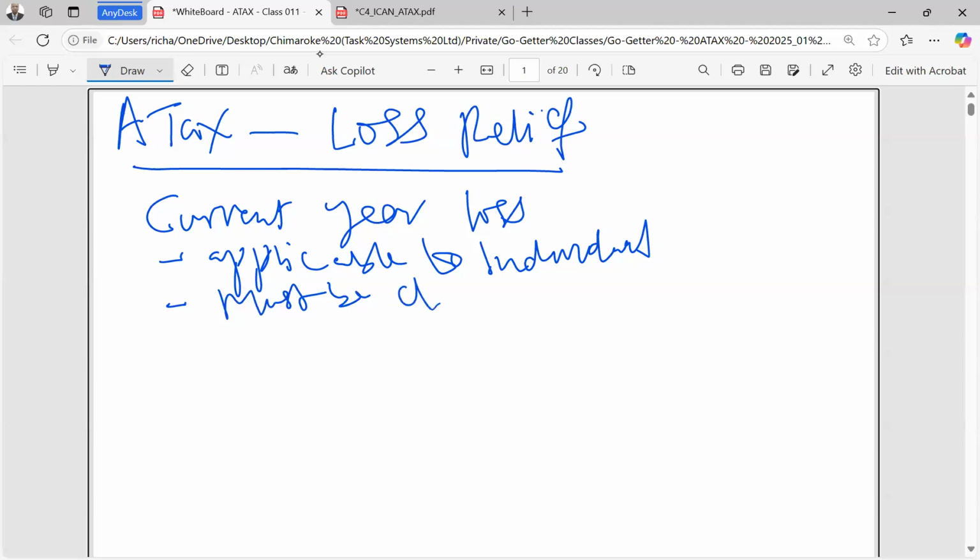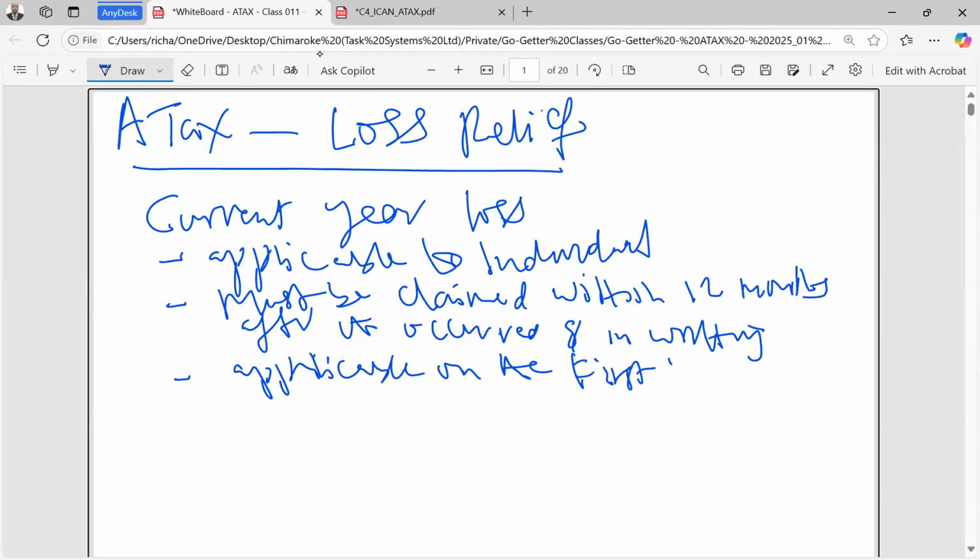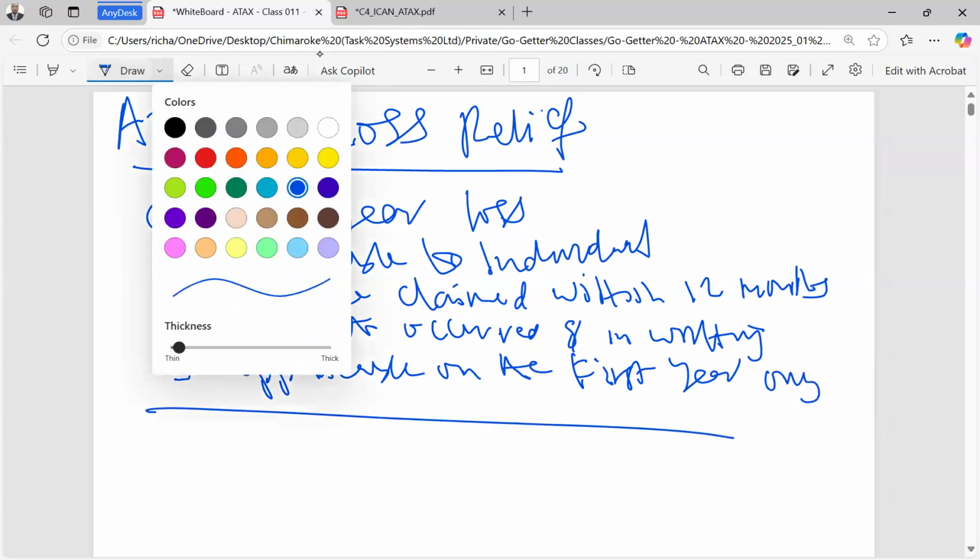It must be claimed within 12 months after it occurred, and in writing. It is applicable on the first year only. All right, let me give you an example.